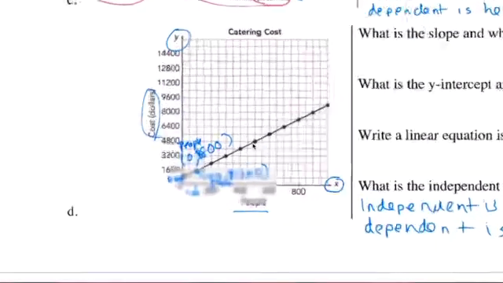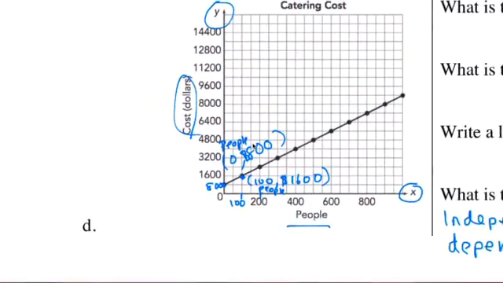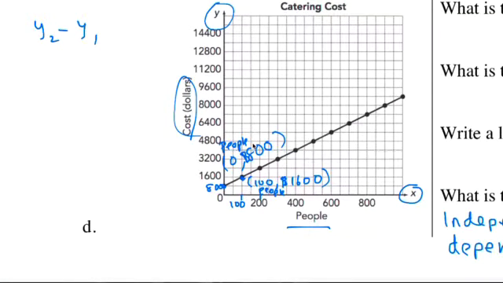To find slope, slope is m, y sub 2 minus y sub 1 over x sub 2 minus x sub 1. So 100, this is 1,600, and this is 800.